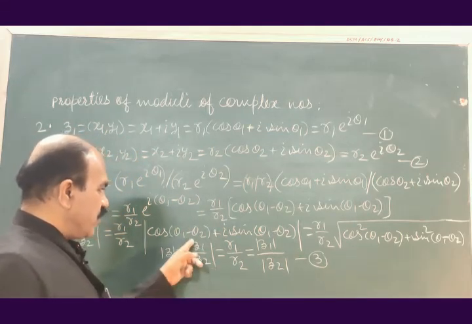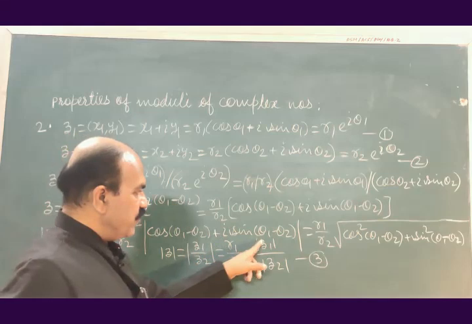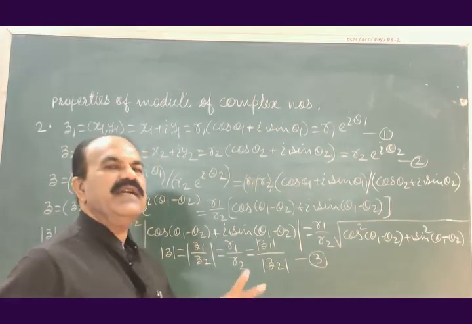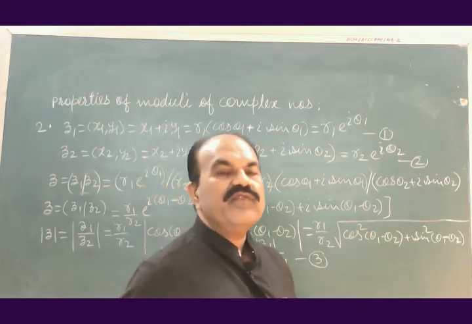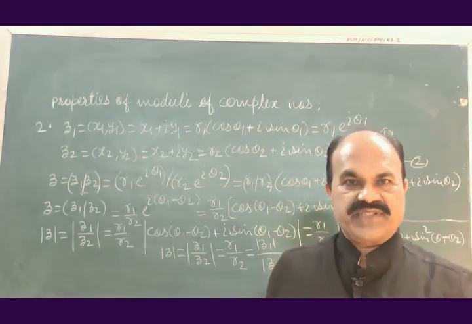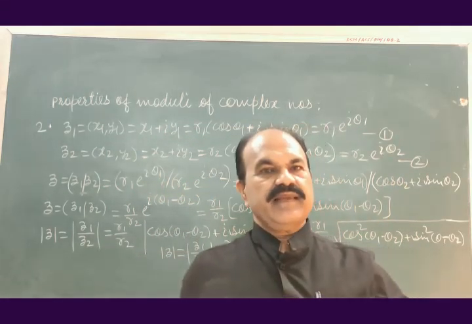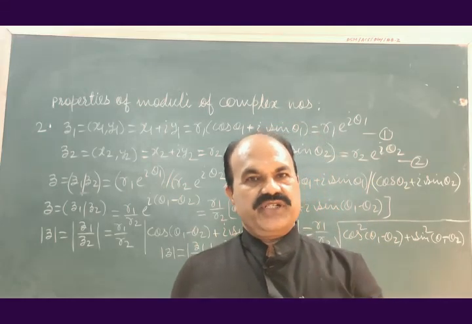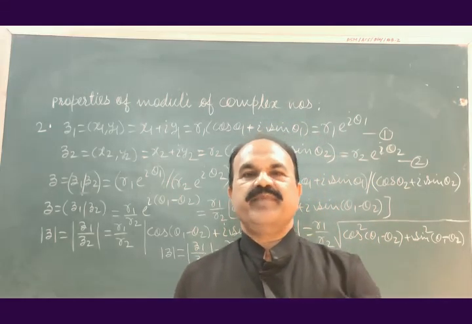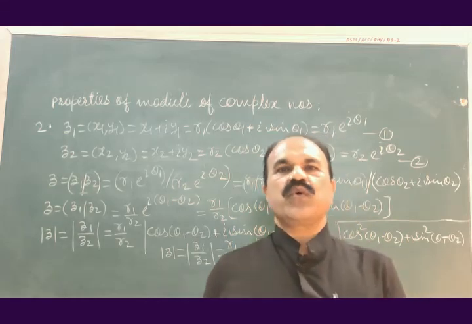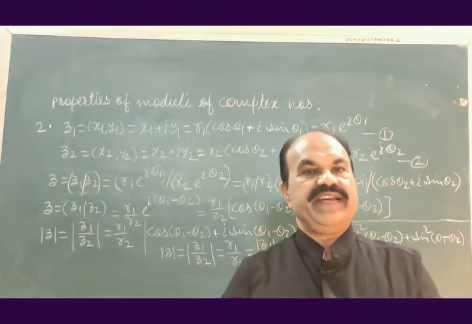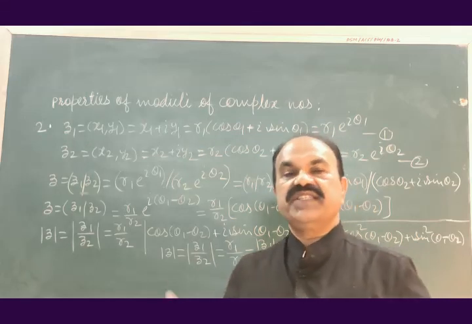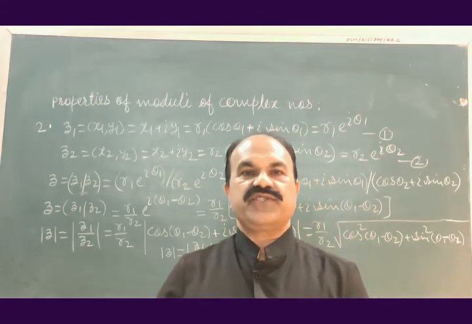Modulus of quotient of two complex numbers is equal to quotient of their moduli. So the second property of moduli of complex numbers, that is modulus of quotient or division of two complex numbers is equal to division or quotient of their moduli, is also verified here.